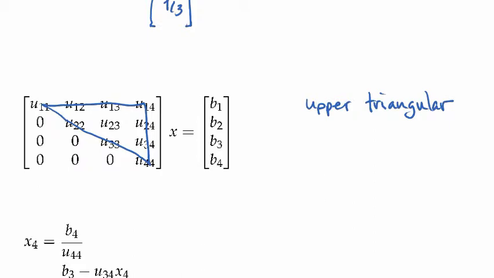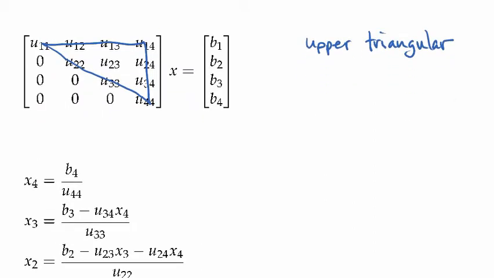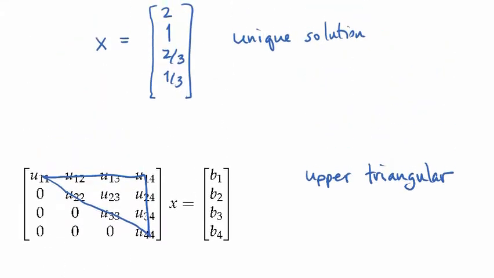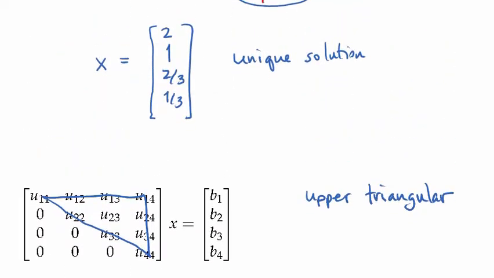Okay, upper triangular can be solved pretty much the same way. The only difference is that we have to start from the bottom and work our way up. So I should have said that in the lower triangular case, we call this method of solution forward substitution.